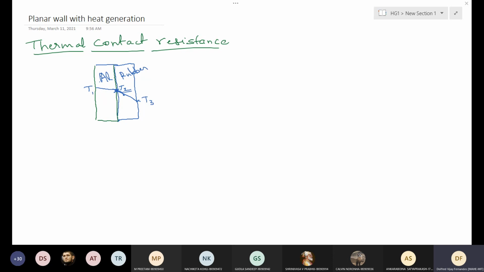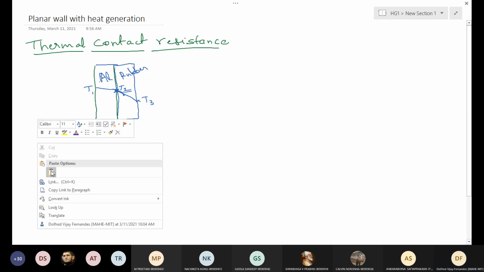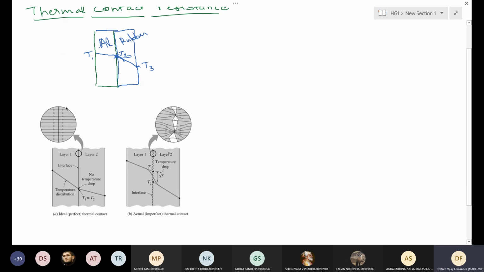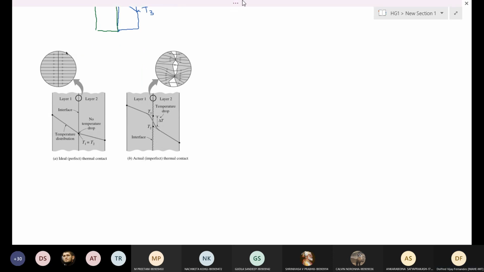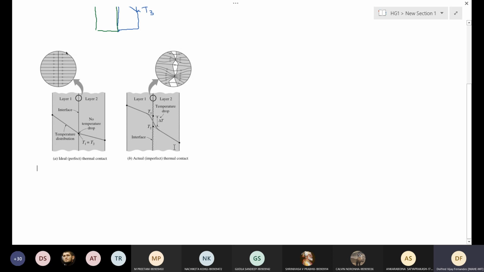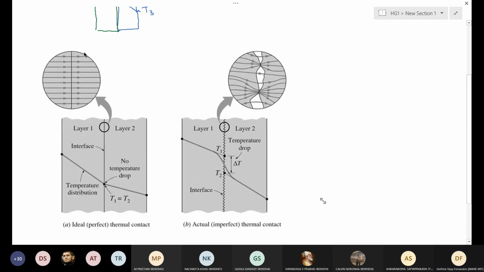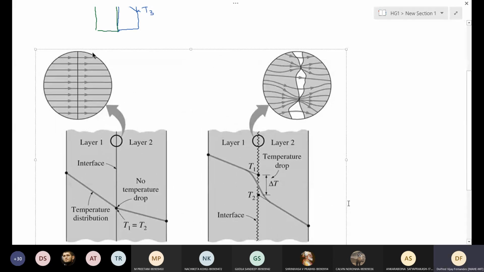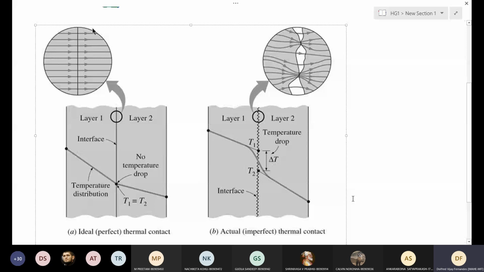So I'll show you one more picture which gives a clear understanding. So the first case here, A, ideal or perfect thermal contact is shown.